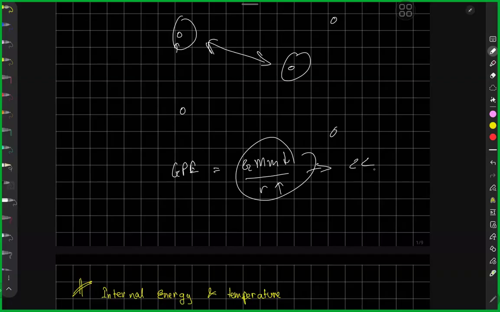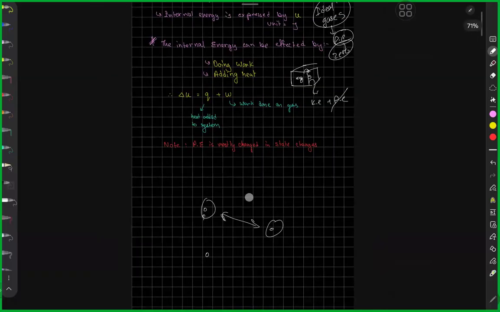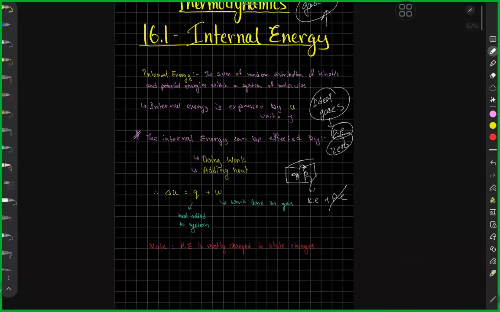Really small, and negligible, by the formula. When mass is really low and separation is really large, the potential energy between the particles is really small, negligible. Clear? So that is why we consider potential energy to be zero.